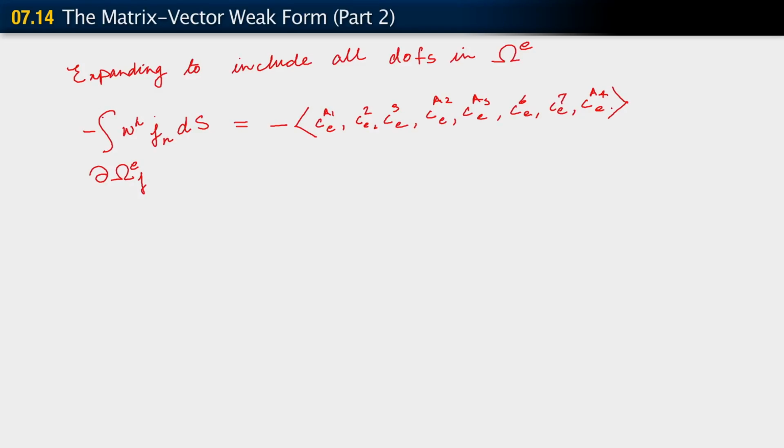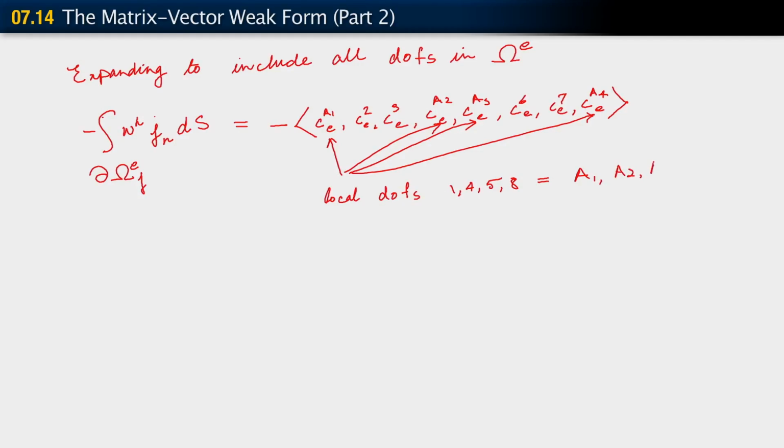All right, I'm taking a particular case where, okay, considering a case where local degrees of freedom 1, 4, 5 and 8 are A1, A2, A3, A4.